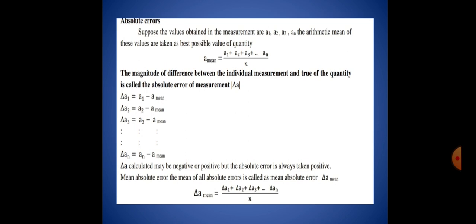Now similarly you can find out the absolute error for the second measurement, that is delta a2 is equal to a2 minus a mean, and so on.